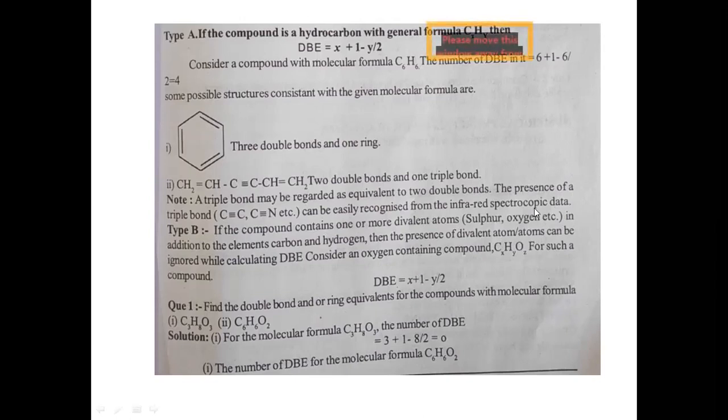With the help of IR spectroscopy, some values I will give later on. Those values will indicate whether a C double bond, C triple bond, or C cyanide bond is there or not.